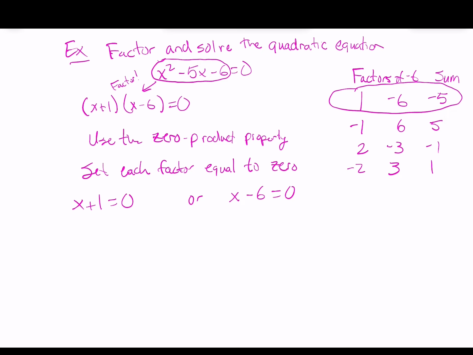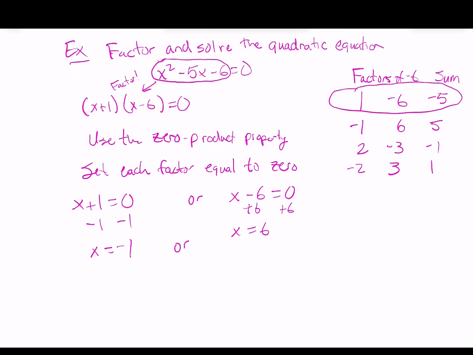We'll start with the first one on the left. We can subtract 1 from both sides, so x is equal to -1. Or we can add 6 to both sides of the second equation, and we get x is equal to 6.